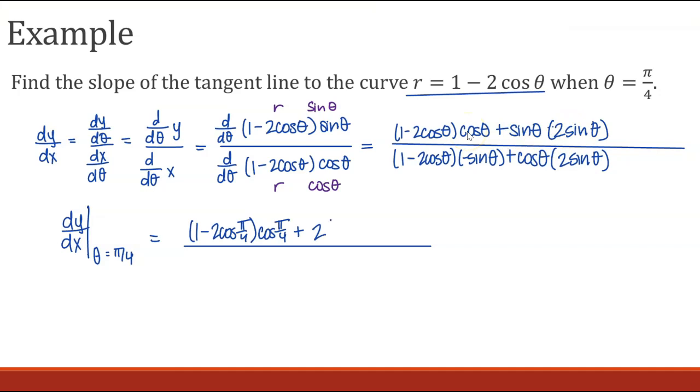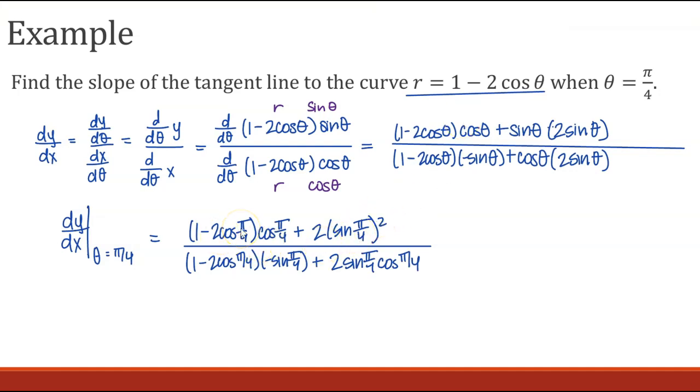So we'll get 2 sine of pi over 4 squared. On the bottom, I have 1 minus 2 cosine of pi over 4 times negative sine of pi over 4, and then plus 2 times sine of pi over 4 cosine of pi over 4.